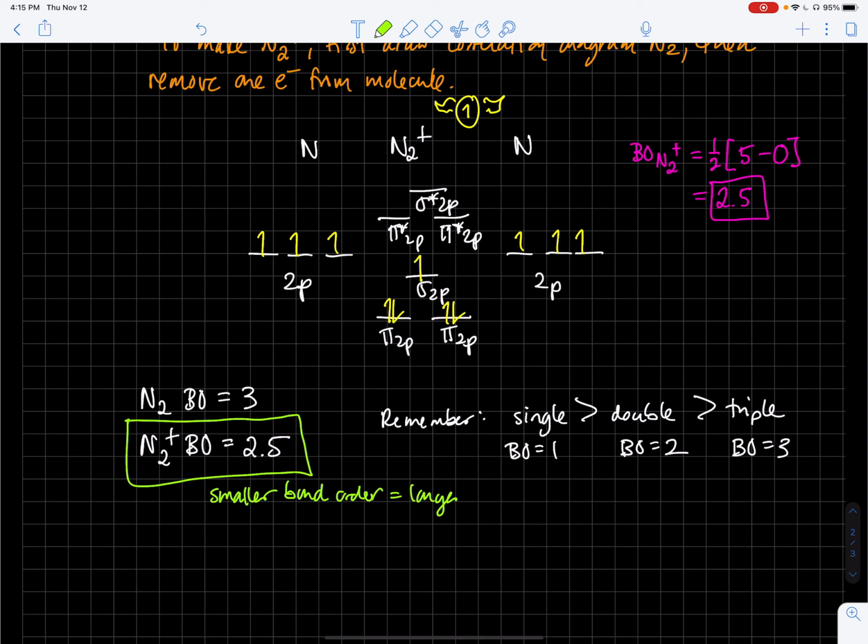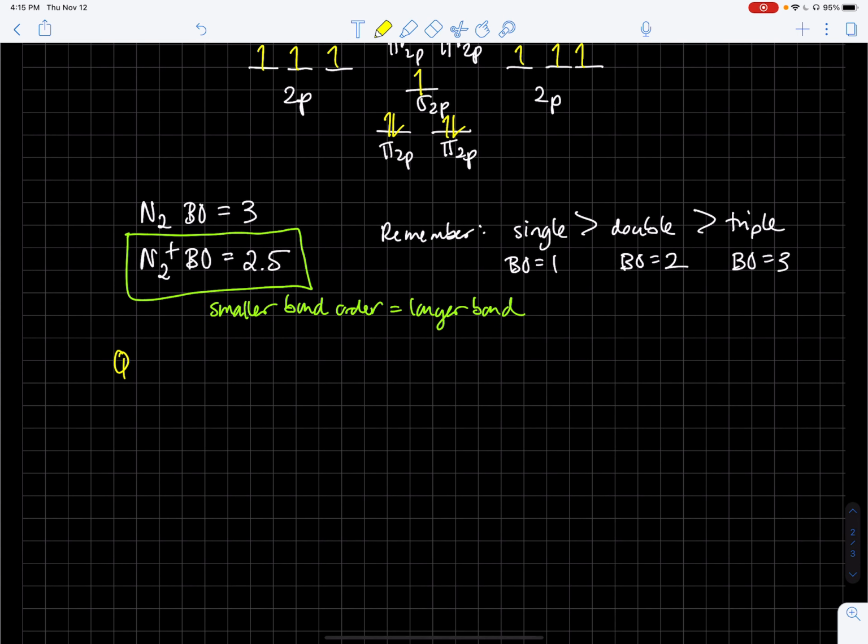Okay, so that's how we use bond order, and that's how we make molecular ions out of these diatomic correlation diagrams. I'll leave you with one other question. You can try to answer for yourself and then come back and see my answer. Question: does N2 minus have a longer or shorter bond than N2?